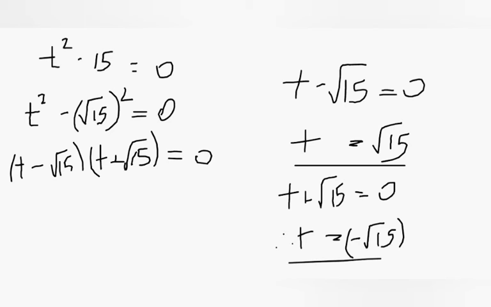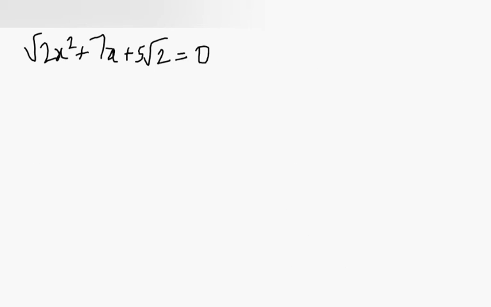Now there is another kind of question which is not for standard 8th and 9th, but it's useful if you just understand it once. So the question is root 2x square plus 7x plus 5 root 2 is equal to 0. So we have roots in here, but don't worry, they won't cause much trouble.